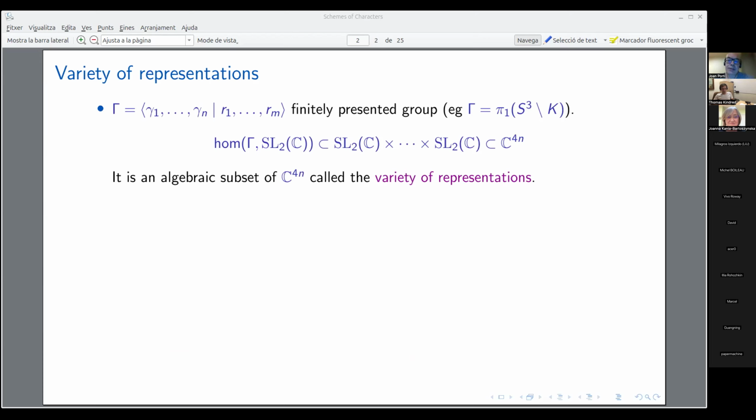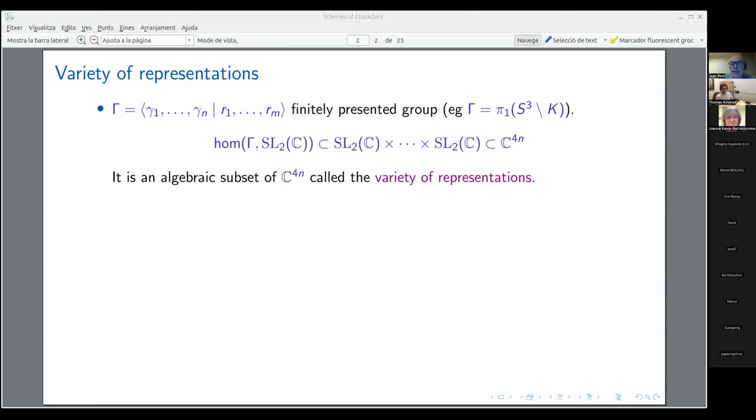So let me start with the construction of the scheme or the variety of representations. We have gamma, which is a finitely presented group, with some generators and some relations. And we consider the set of all representations of gamma into a Lie group, and our Lie group will be SL2C: 2 by 2 matrices with complex entries and determinant 1.